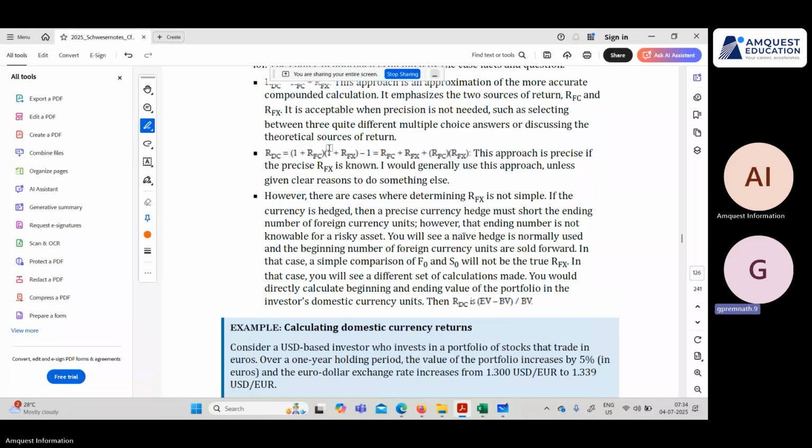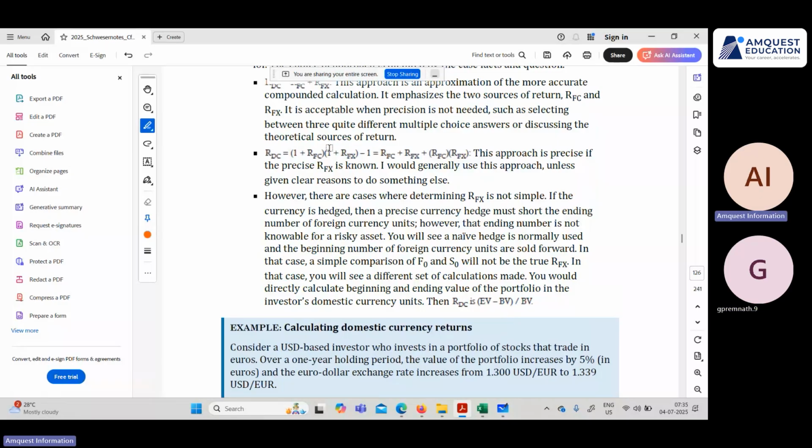But I got some weird answer. What I did first was 1 divided by 1.339 to get the depreciation rate. That was giving me only a 0.03% difference. Shall we look at this together?